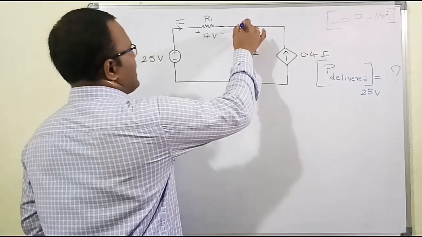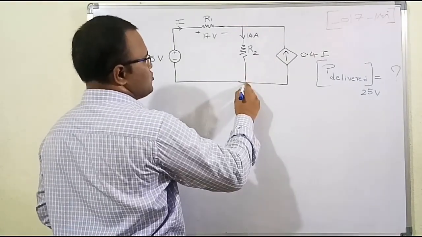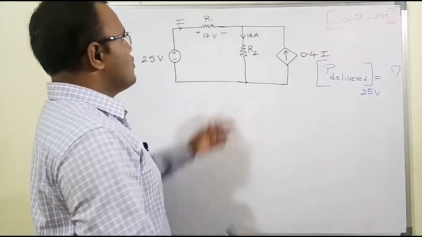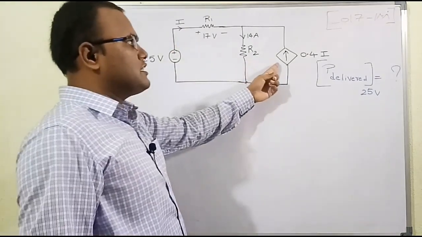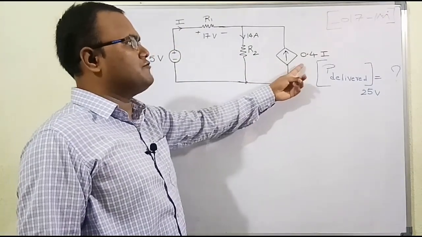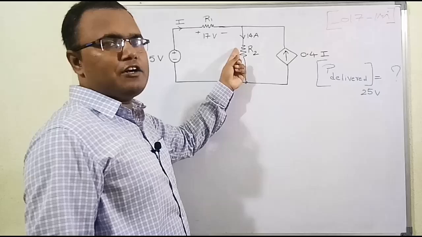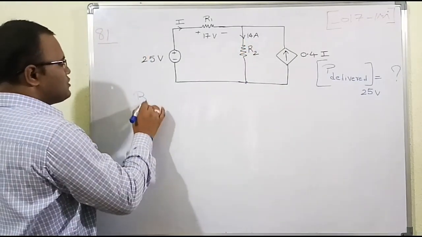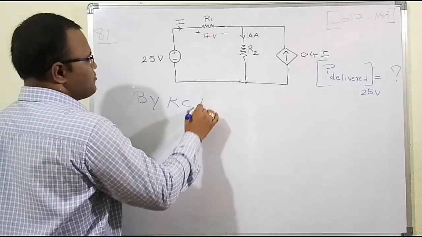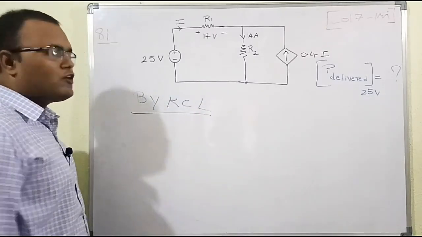If you see carefully, there are actually two nodes. Across this node, there is an incoming current of I and another incoming current of 0.4 I, and there is only one outgoing current, which is 14 ampere. By KCL, we know that the sum of incoming currents is equal to the sum of outgoing currents.